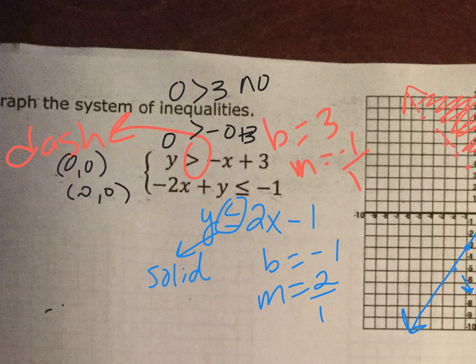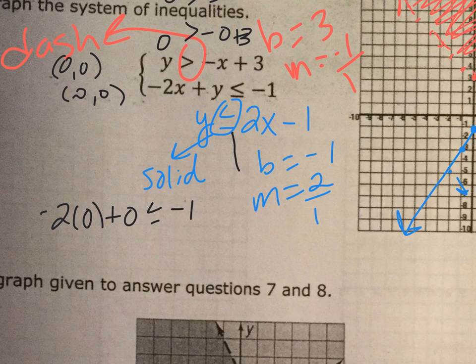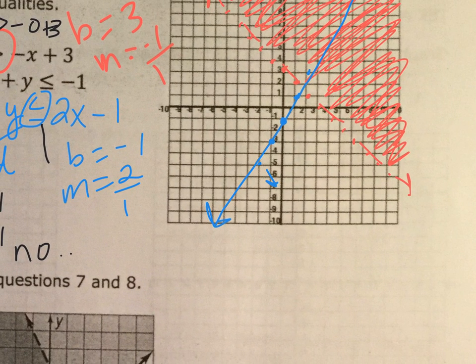So negative 2 times 0 plus 0 less than or equal to negative 1. Well, negative 2 times 0 is 0 and plus 0. So is 0 less than or equal to negative 1? No. So we're not going to shade where 0, 0 is. We're going to shade the other side of the line. So let's go over here, and we shade the other side of the line, not where 0, 0 is.